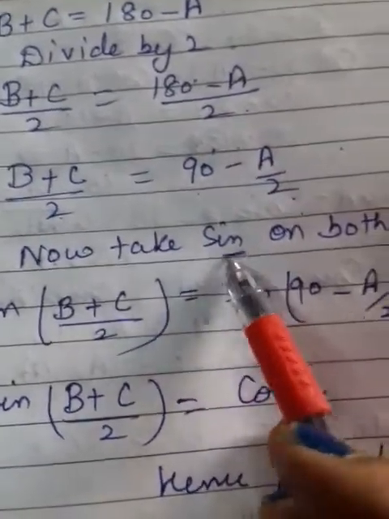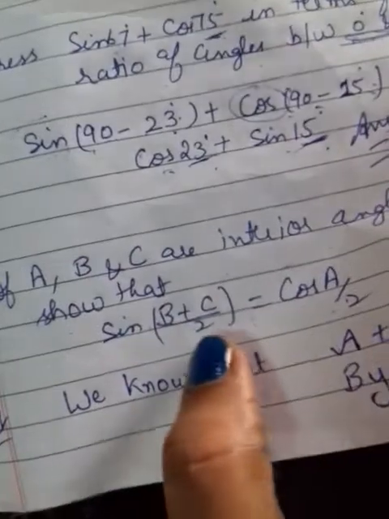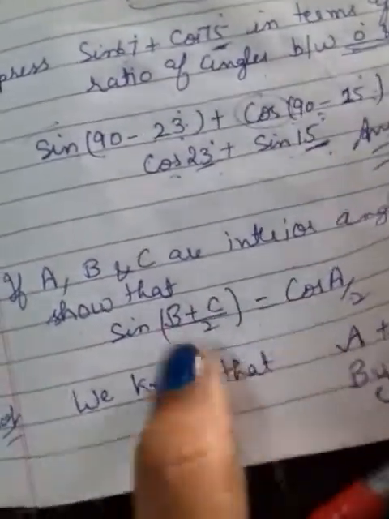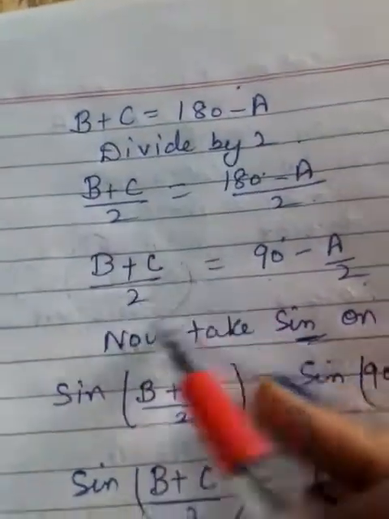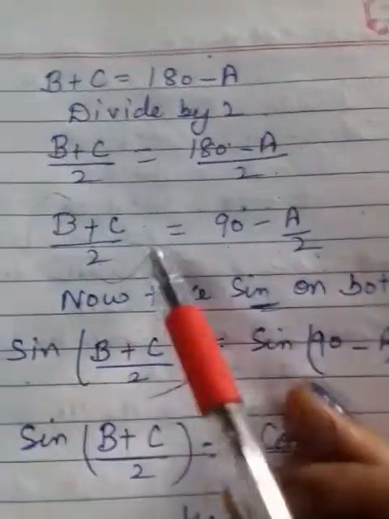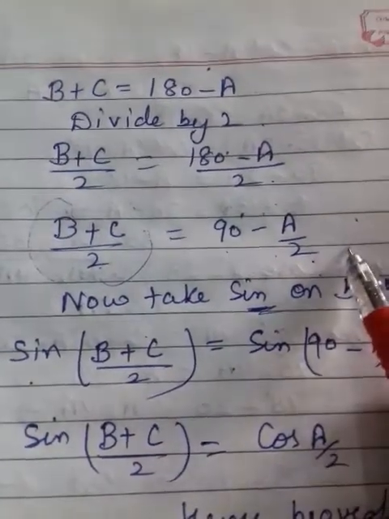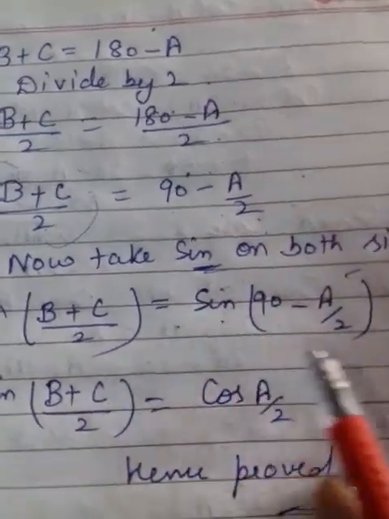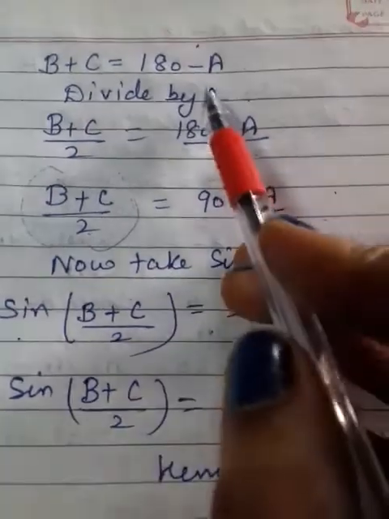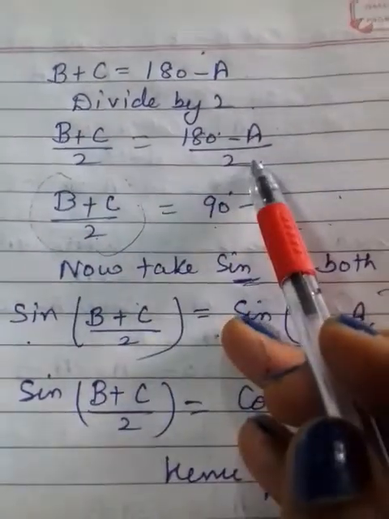Now I will take sine on both sides. Firstly I have taken B plus C, then divided by 2. Then I want sine on both sides to make it the left hand side. Then I take sine on both sides, because if I am taking anything on the left, then I have to take the same operation on the right also. Clear? If division I have done, then I have taken it on both sides.